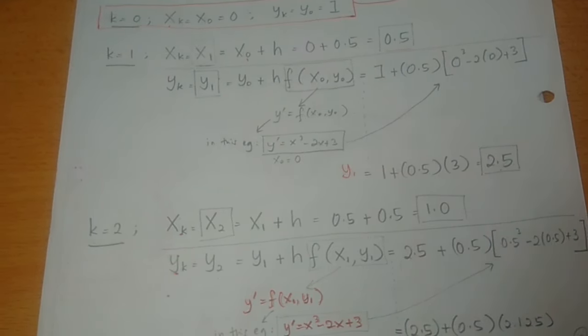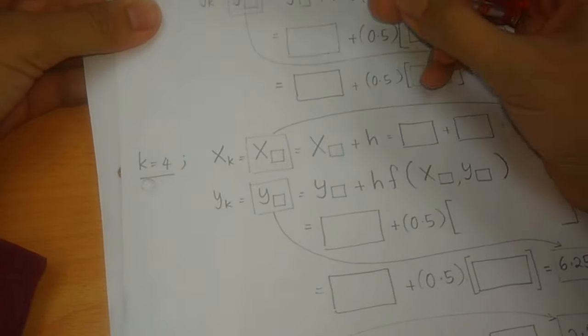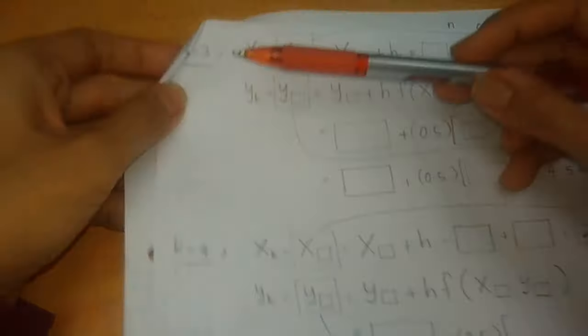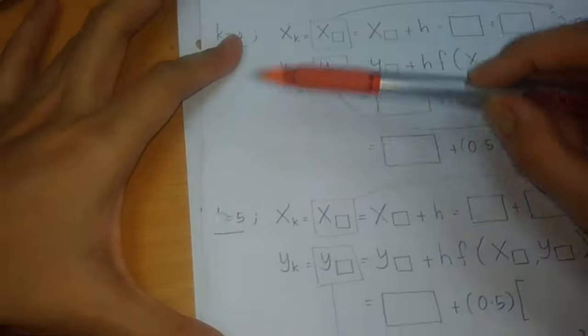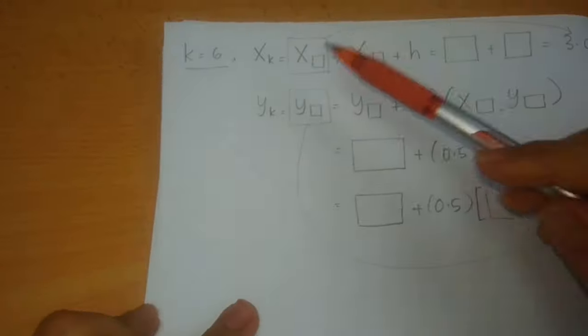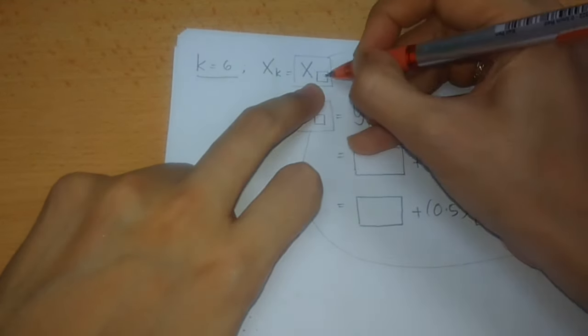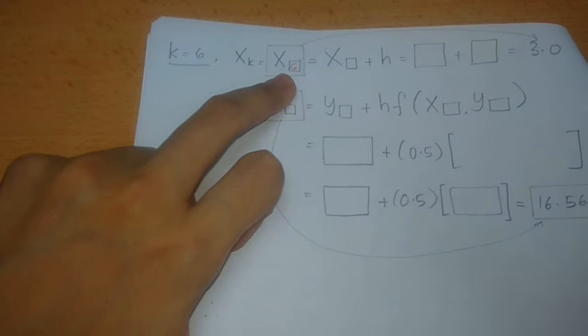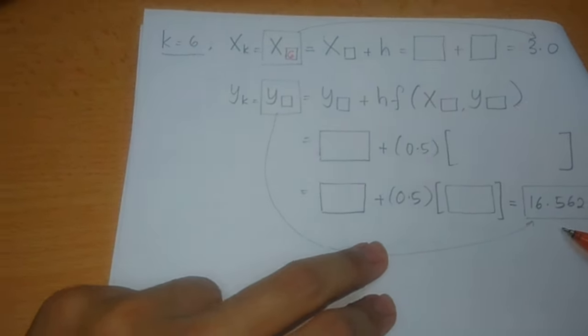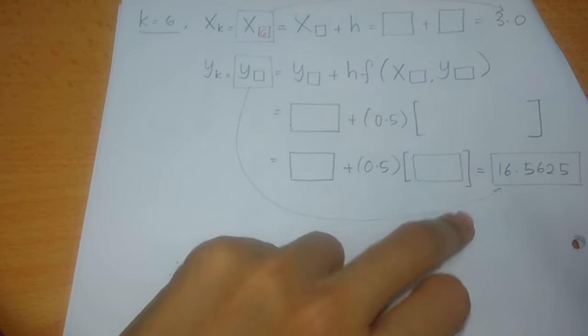Then, as I said, you need to solve it until x equal to 3, which is actually k3, k4, k5, and finally k6, which is xk or x6. So I need you to fill in the blank. I also supply the answer here.